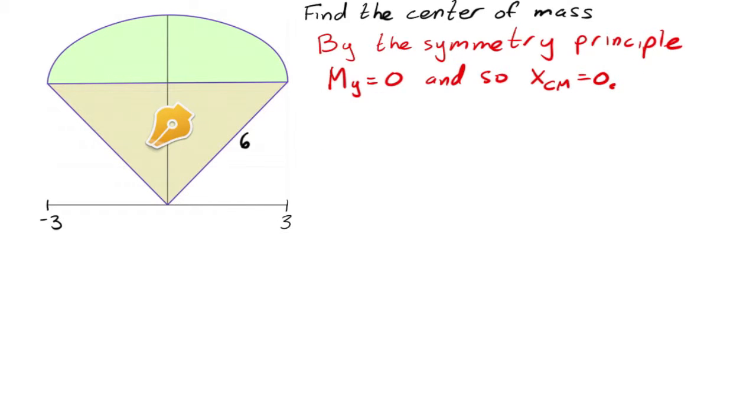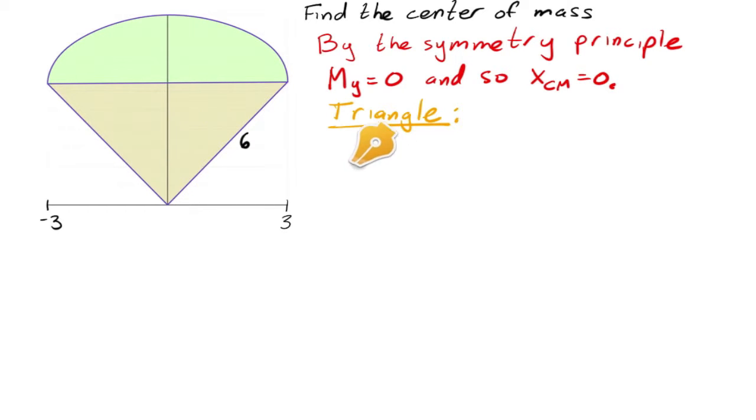Now we're going to use the additivity of moments, so we have to do it by parts. So let's go through the triangle, and let's find the moment for the triangle. Okay, so to find the moment for the triangle, we need a couple things. So let's draw a little picture.